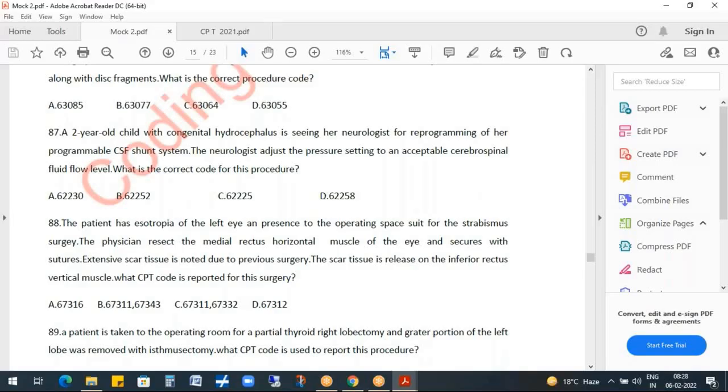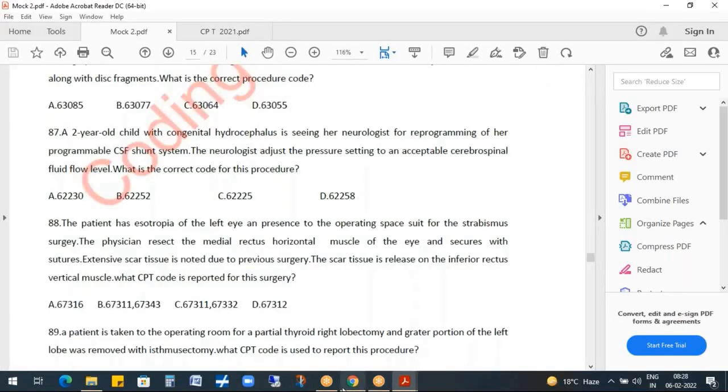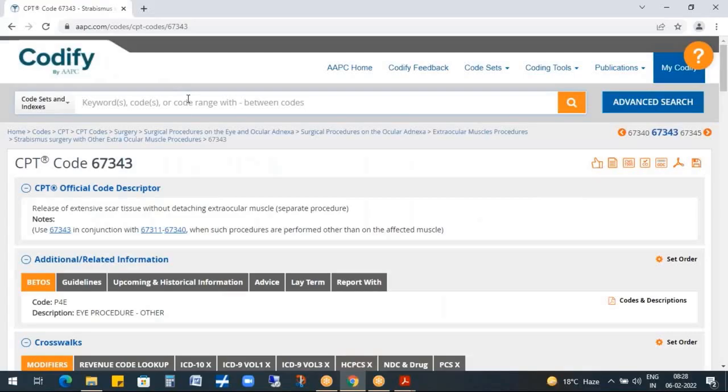What's your doubt, Sunil? Why did you code C? Sir, even if it is a different muscle we cannot consider 67332. No, if you see 343 clearly, they are stating that if extensive scar tissue work is performed on a different muscle, that means not the treated muscle, you can use 343. Correct, only B is the correct answer.